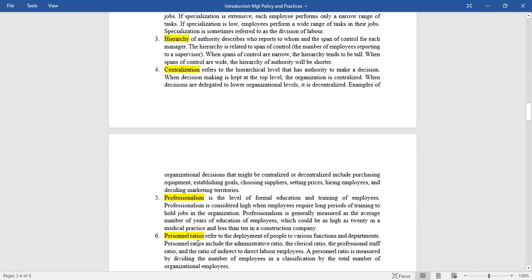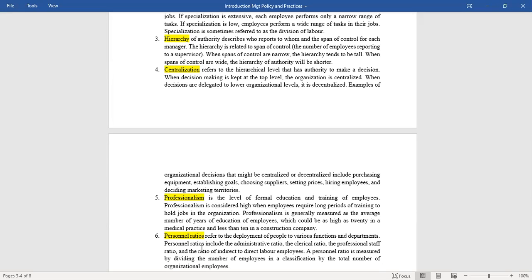Personnel ratios. Personnel ratios means the number of people deployed in various functions and departments. So you see, this is a time of hybrid organizations, which means that the entire organization coming under the same umbrella, the different departments may be structured differently, right?